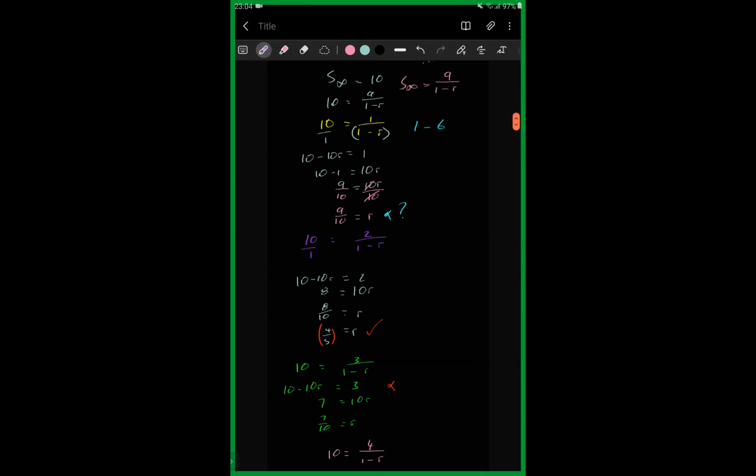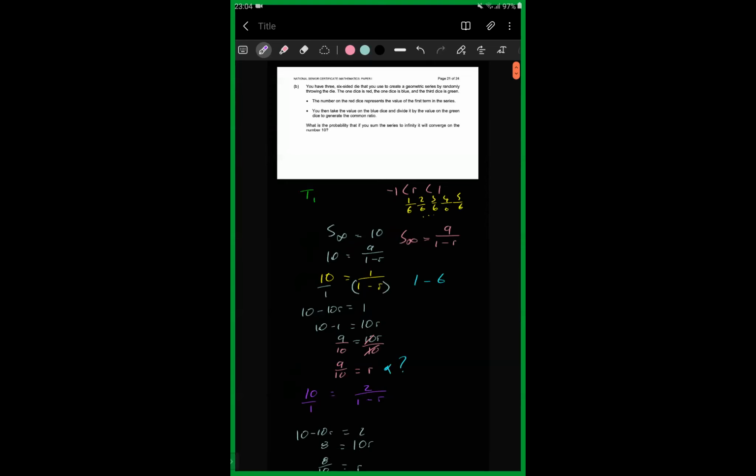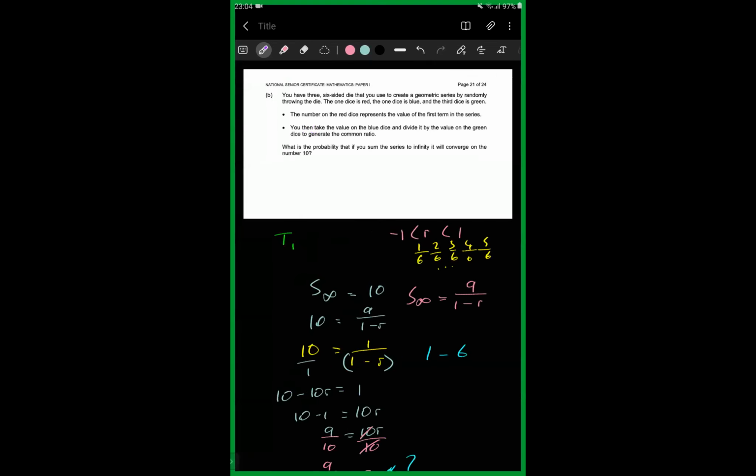It says that you take the value on the blue die and divide it by the value on the green die.